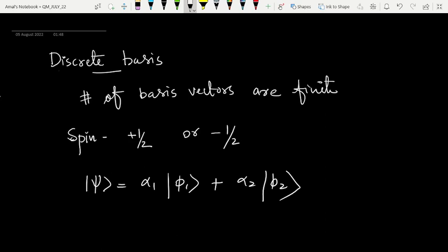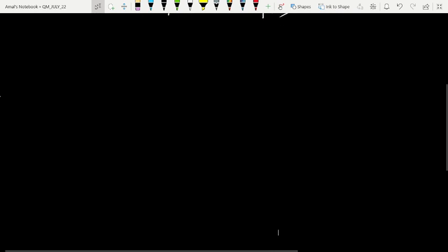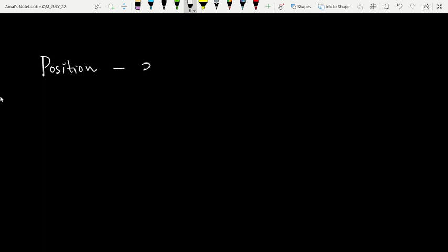But in some cases, this is not possible because, for example, the position of a particle. We know that for every physical quantity there is a corresponding Hermitian operator, and this position can take any values from minus infinity to plus infinity, right?